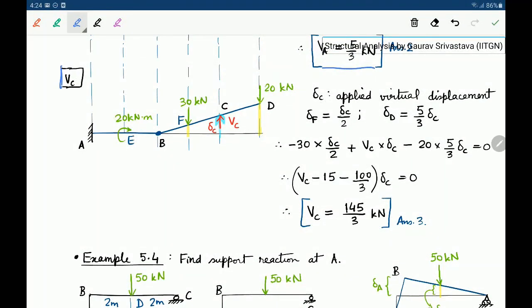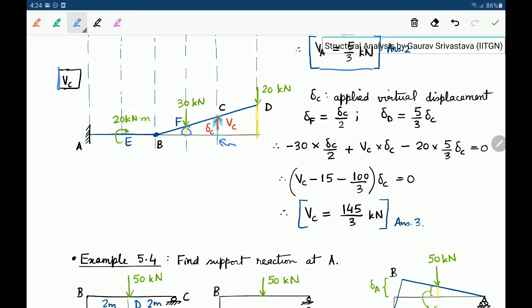Now for finding out VC, we will release this roller support, this will become totally free, and we will apply a virtual displacement here. Let's say it is delta C, right? Now B is a hinge, and from B to D it will be a straight line. So after application of this delta C, there are two induced displacements.